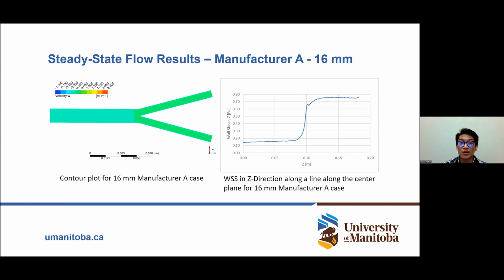As reattachment points are defined where there is a sign change in wall shear stress, also denoted as WSS, there are no recirculation zones observed in the 16mm manufacturer A case. This meets expectations as there are no significant geometry disruptions with this endograft limb when it is foreshortened.